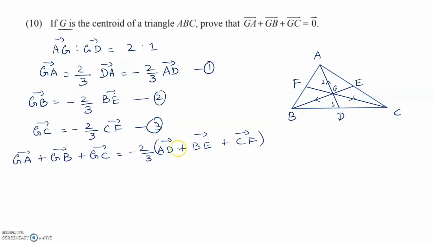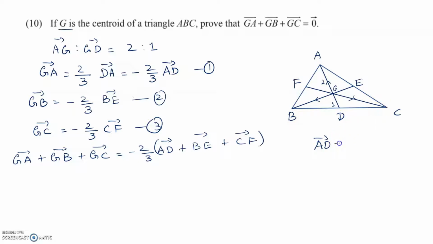Okay, and we can further notice that our AD vector is AB vector plus half of BC vector. AD vector, which is this one here, will be AB plus BD, and BD is half of BC.